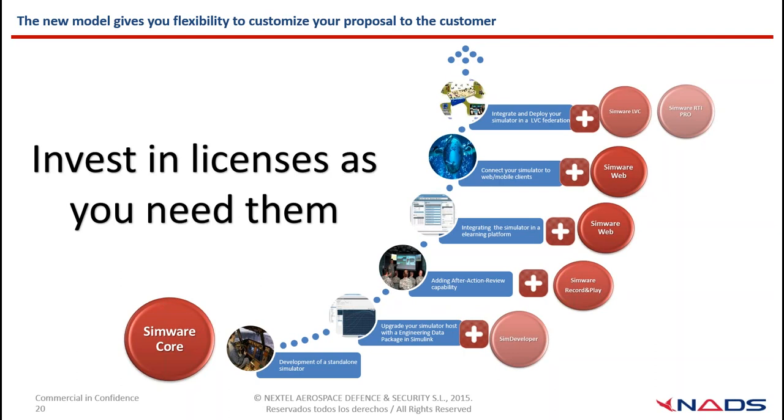In this example, you start with the development of a training device, and in this case you can work only with the core product. Your development team will only need the core.